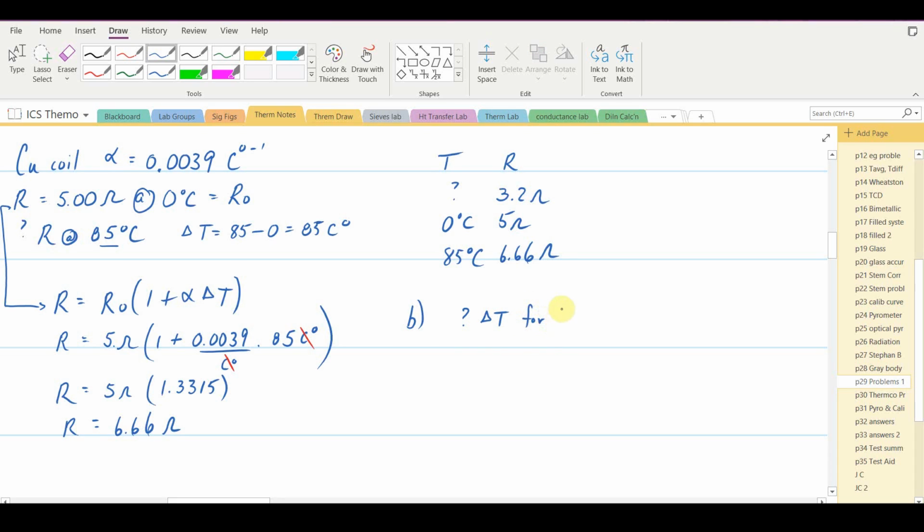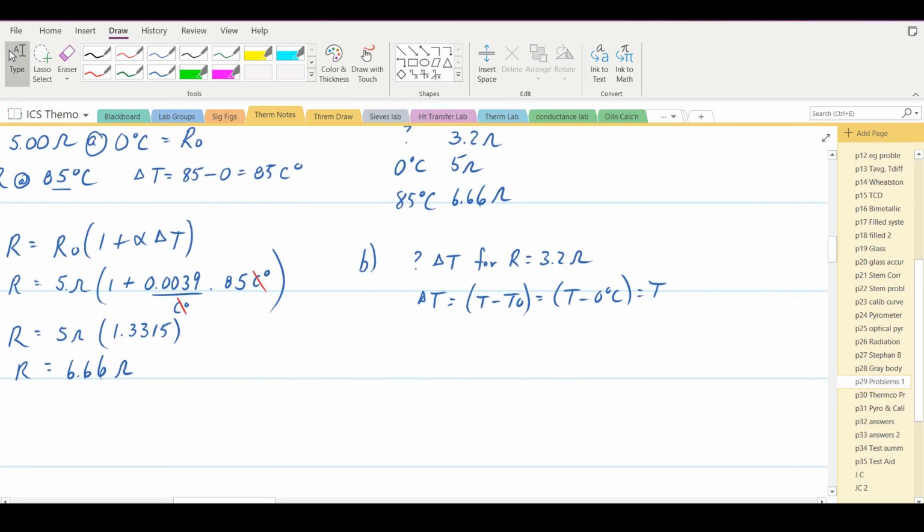For R equal to 3.2 ohms, delta T is equal to T minus T sub 0. And as I mentioned, that's T minus 0 degrees C, which is then really just T, which makes it kind of nice for us. So delta T is numerically the same as the final temperature.